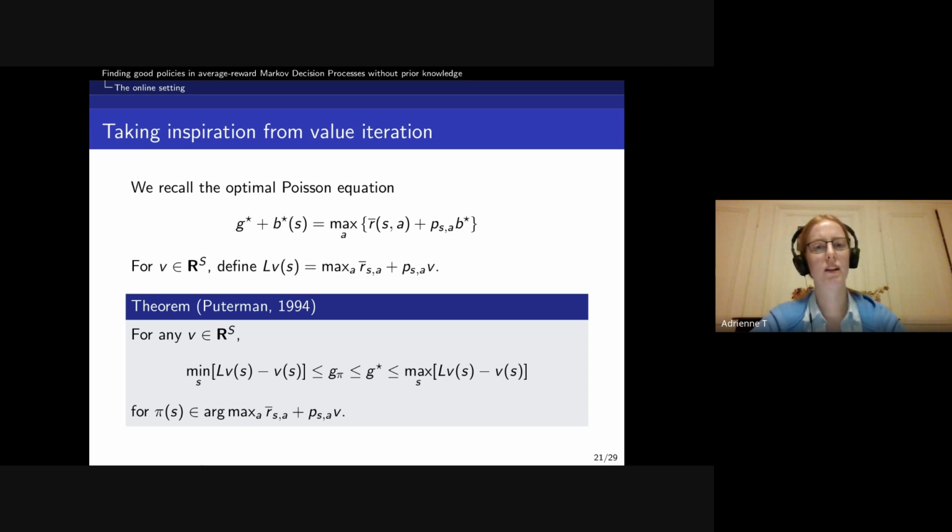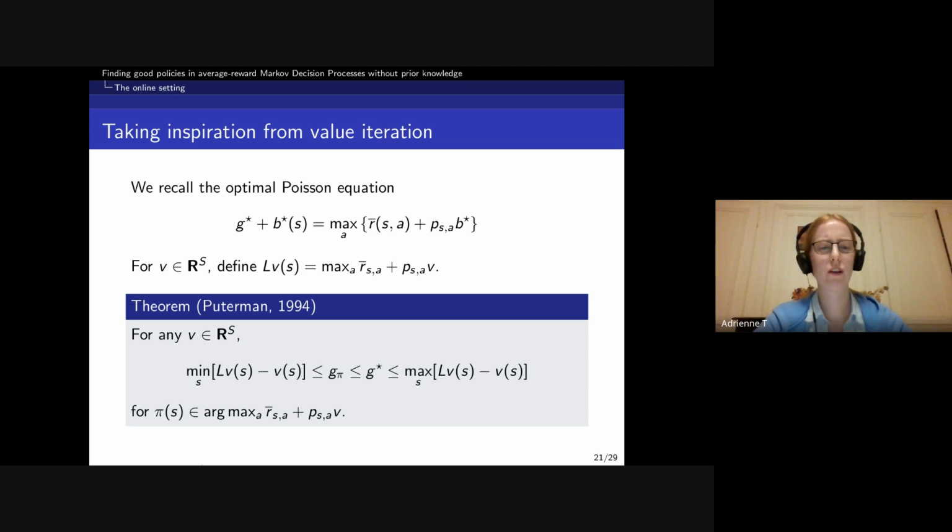All you need to do to find your optimal policy and also its gain is to iterate this L operator over V, which is basically an estimate of the bias, over and over again until its span is small, until LV minus V is small. That's for value iteration when you know everything.